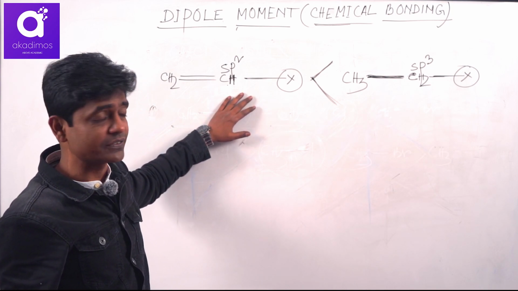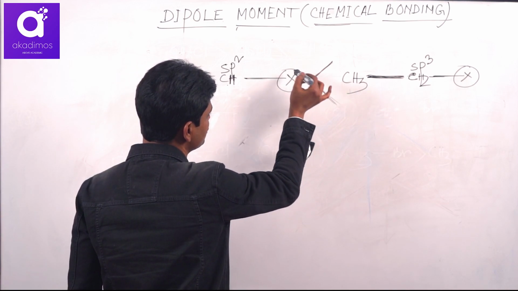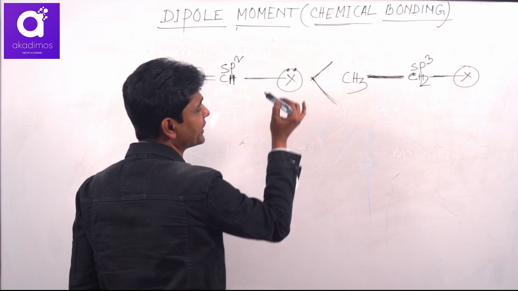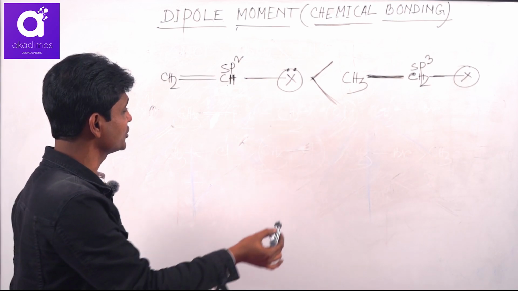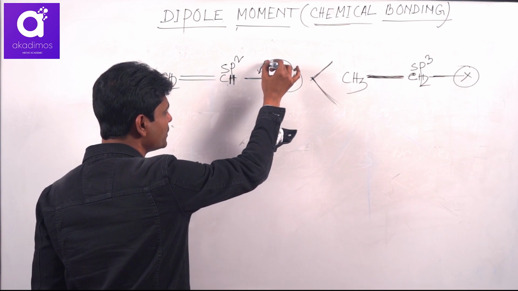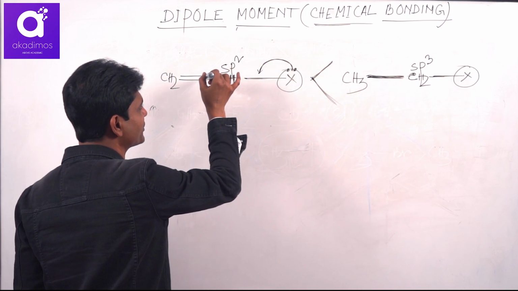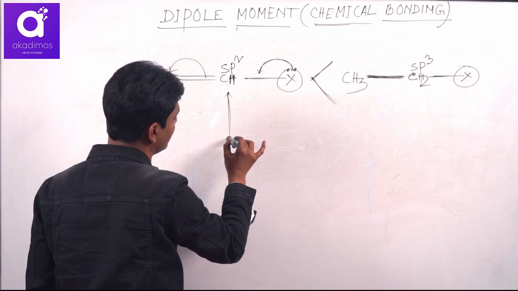Now there is another way you can explain it. You know, if X is a halogen, it has a lone pair of electrons. If I take the canonical or resonating structure concept, there is a little bit of contribution, although the contribution is very small, it may be 0.001%. You will get another canonical form. See this canonical form.